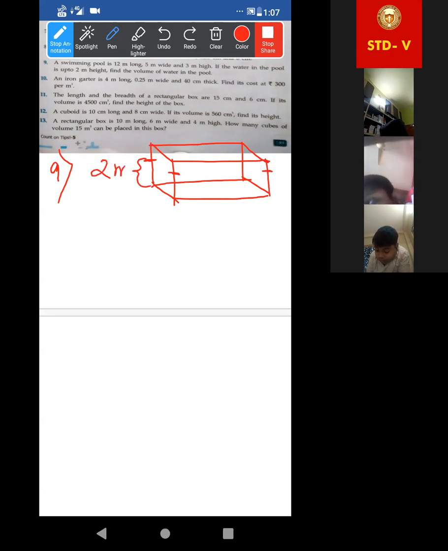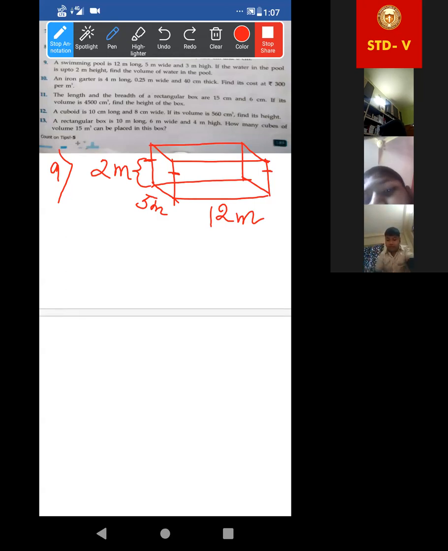Clear? Okay. Now this breadth is given how much? Breadth is given 5 meter. And what is the length? 12 meter. Okay. Now, write the statement properly.